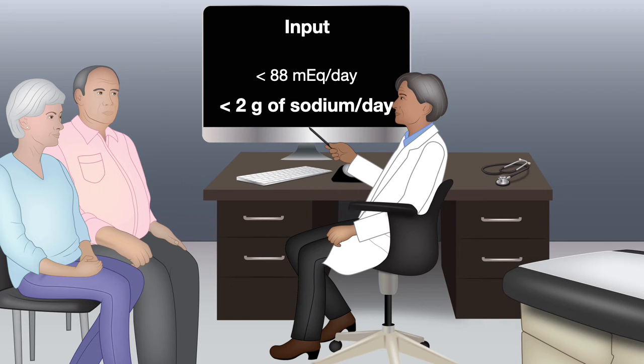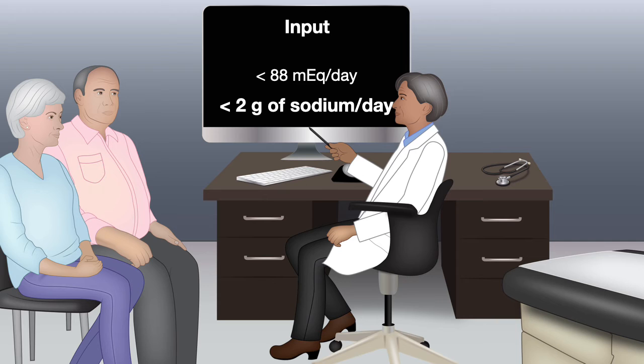But dietary restriction has disadvantages. Low salt foods are not palatable. So, something to keep in mind while you're trying to balance the nutrition versus the salt intake in the food.